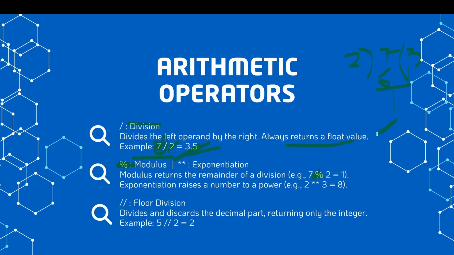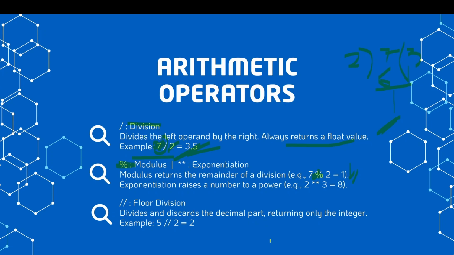And this is the answer. We are getting 1 as our remainder. So whenever we want a remainder, we have to use the modulus operator, or you can say this symbol, modulo.